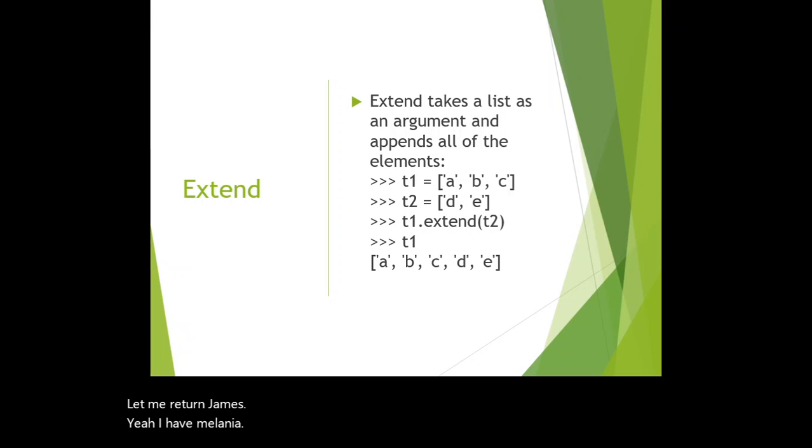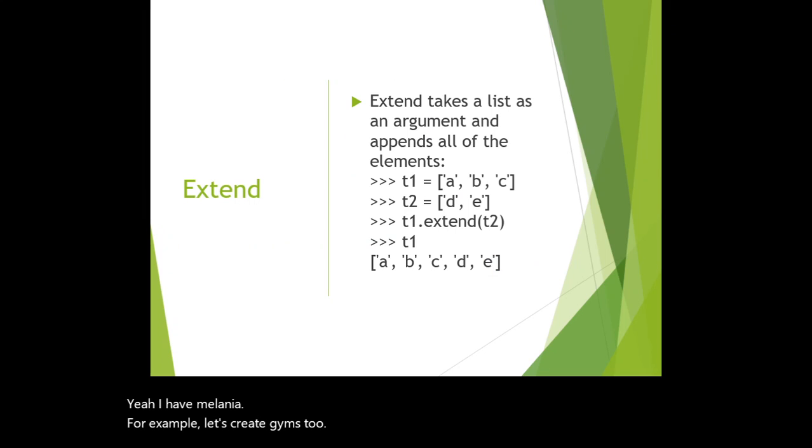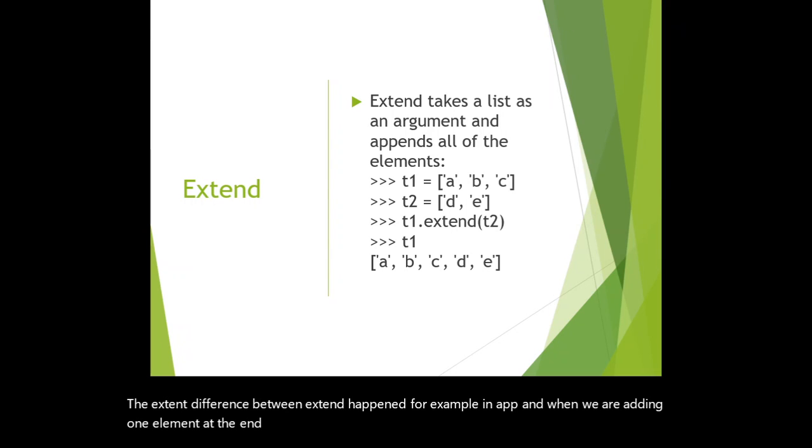Extend. For example, let's create gems2. The difference between extend and append: in append, we are adding one element at the end, but in extend we are adding a list. The list may contain 2 elements, 3 elements, n elements. It will be extended from the end as well.